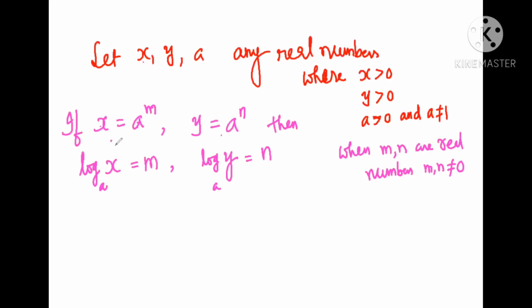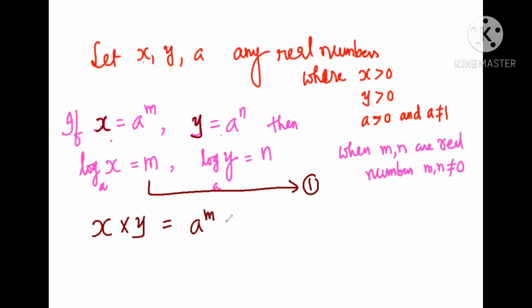Then let us multiply these two numbers, x and y. Let us give the number 1 to this result. Now multiply the two numbers x into y, that is equal to x means a to the power of m into y means a to the power of n.